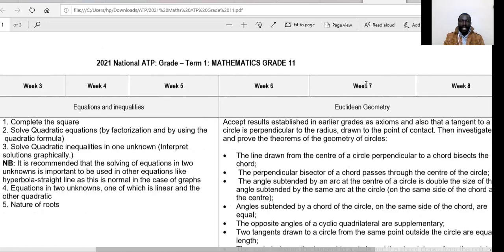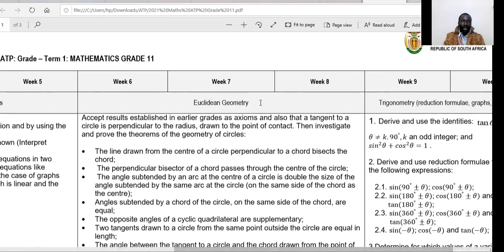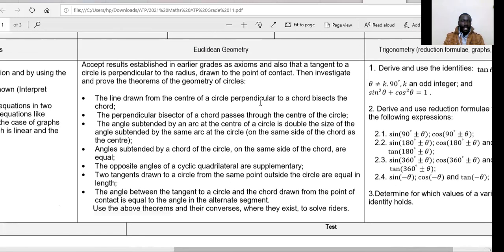Then after that, in week 6, week 7, and week 8, the topic to be covered is Euclidean geometry. Now, Euclidean geometry will be covered with specifications indicated here below. The line drawn from the center of a circle perpendicular to the chord bisects the chord. Then the perpendicular bisector of a chord passes through the center. Then the next thing we'll be looking at: the angle subtended by an arc at the center of a circle is double the size, okay?